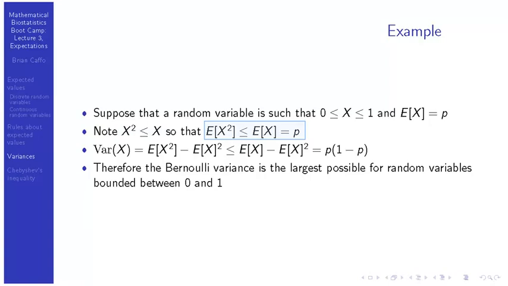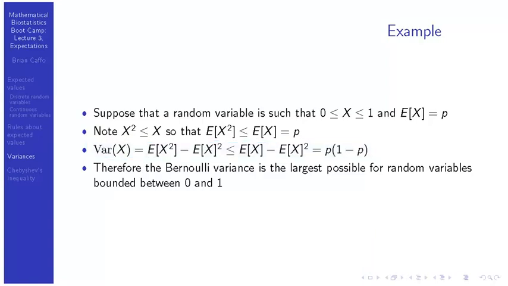And so the expected value of X squared has to be less than or equal to the expected value of X, which is P. Therefore, the variance of X, which is the expected value of X squared minus the expected value of X quantity squared, has to be less than or equal to the expected value of X minus the expected value of X squared, which is P times 1 minus P.